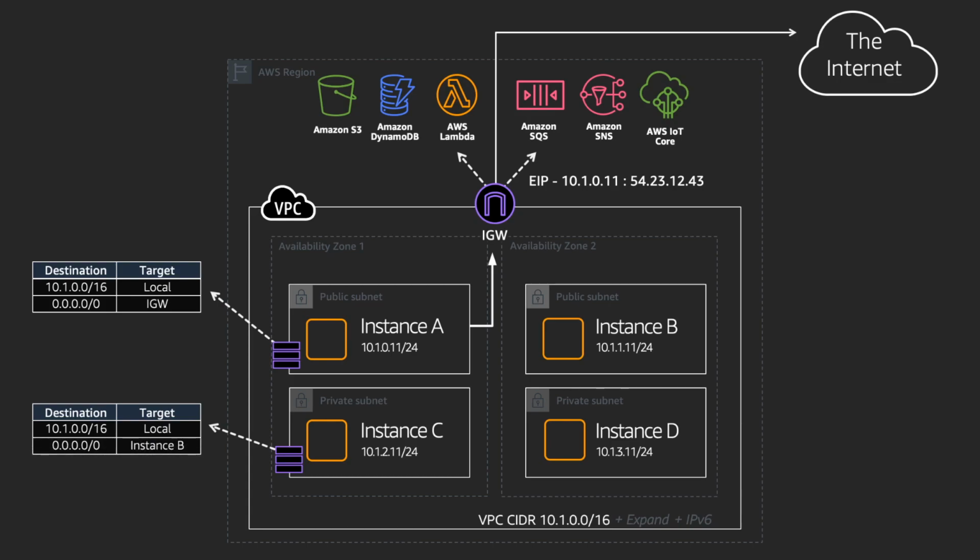Now with instance B, we probably want some kind of internet communication as well, but we don't want inbound communication to that instance. So we could use what's called a NAT instance. So in this case, we've got another public Amazon IP, a 54.19.12.23. Again, that's out of Amazon's public range of IPs. And we have a route via instance B, which is our NAT instance in our other public subnet.